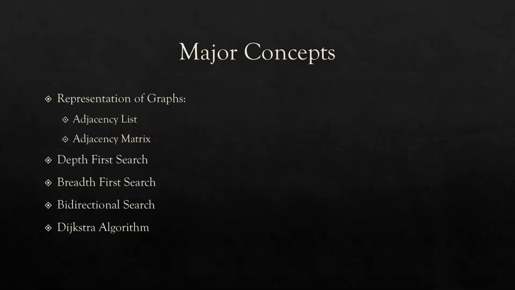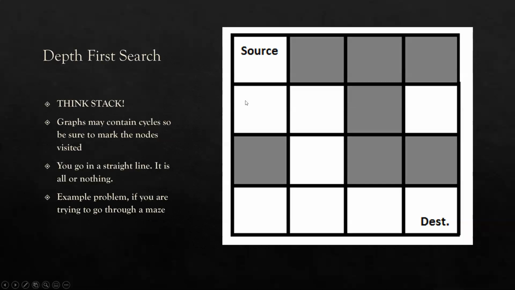Essentially, depth first search is you go as deep as possible in a straight line. You do not consider other options, and you go until you hit a dead end. If that dead end gets you to the destination, great, you're done. If it doesn't, you go back and retrace until you hit it.